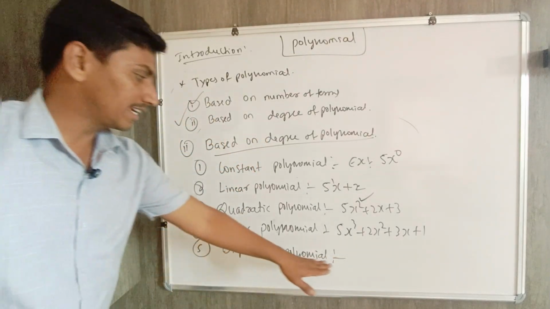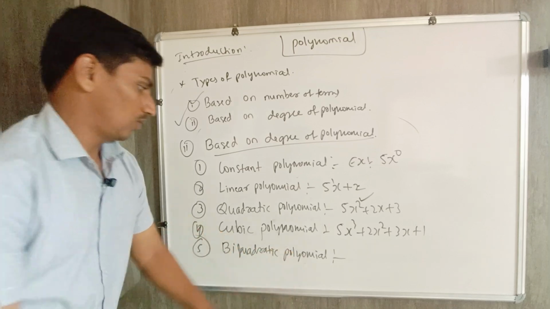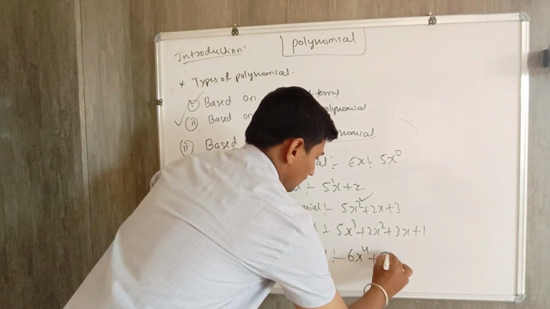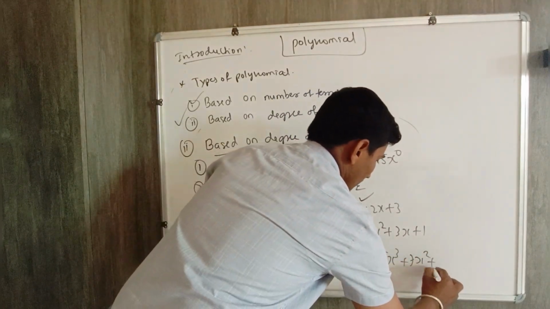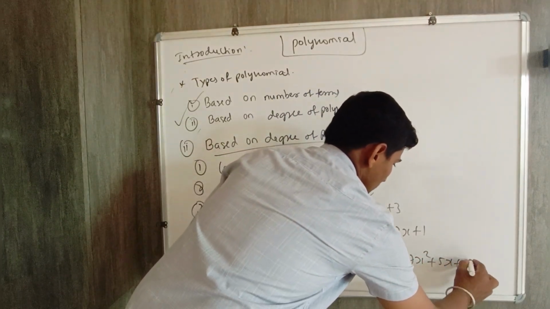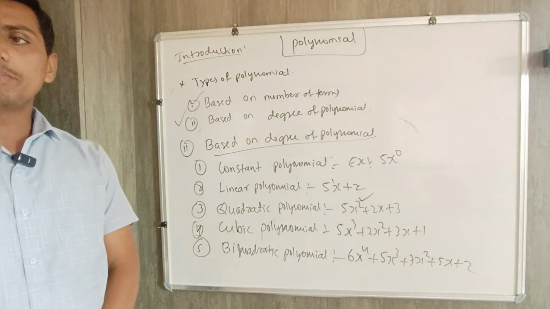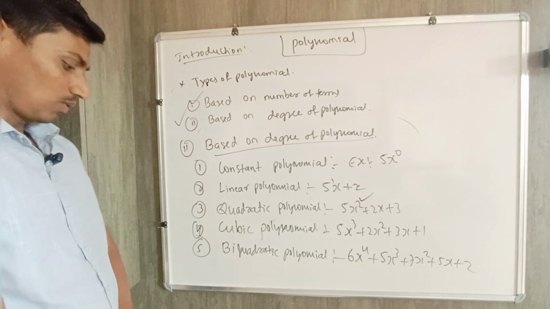In the biquadratic polynomial, the highest degree is 4. For example, 6x to the power 4 plus 5x to the power 3 plus 7x square plus 5x plus 2. So this is a biquadratic polynomial. In a biquadratic polynomial, the highest degree is 4.